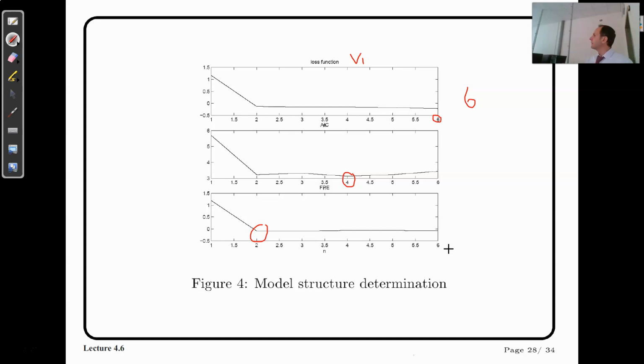We can use other performance indices. For example, we can use the analysis of the residuals in order to understand which is the most appropriate order, because every performance index is suggesting a different order, 6, 4, 2. But which is the most appropriate? So let's go, for example, with the residual analysis.